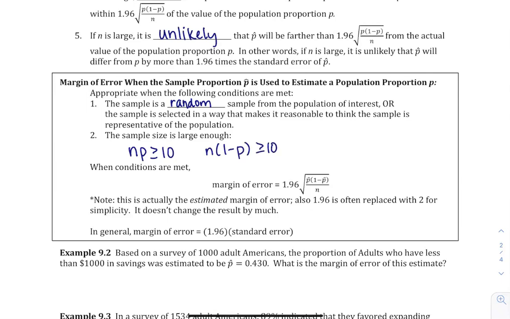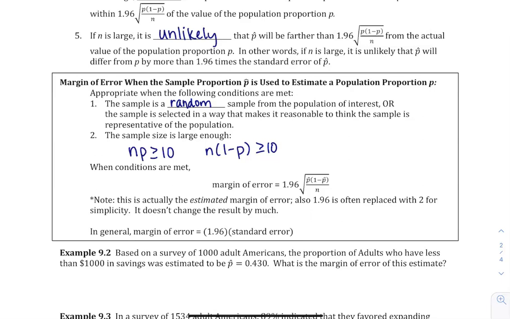As long as those two conditions are met, then the margin of error is going to be estimated by 1.96 times the square root of p hat times 1 minus p hat over n. Now recognize I did have to use p hats here because the whole point of this is that we don't know p. We're trying to estimate it with p hat, and so we will have an estimated margin of error.